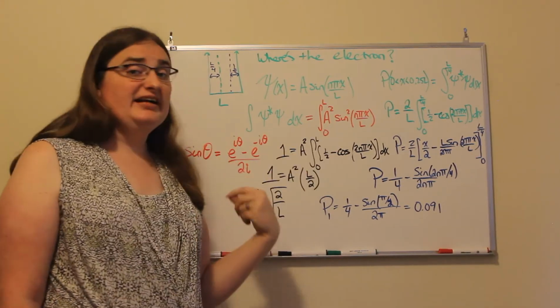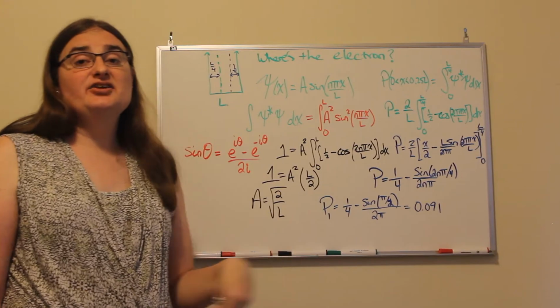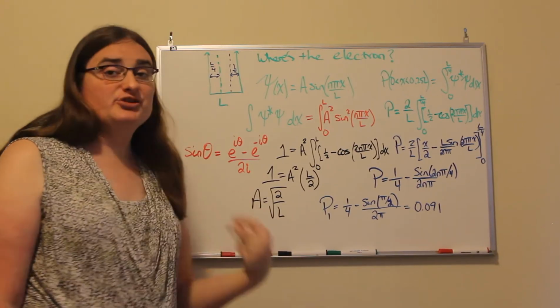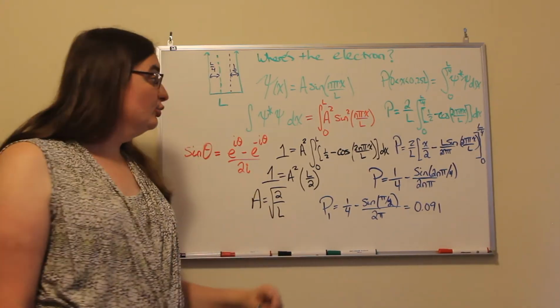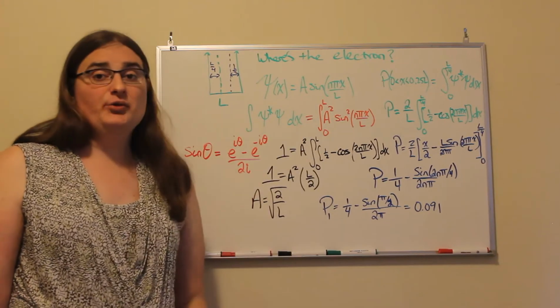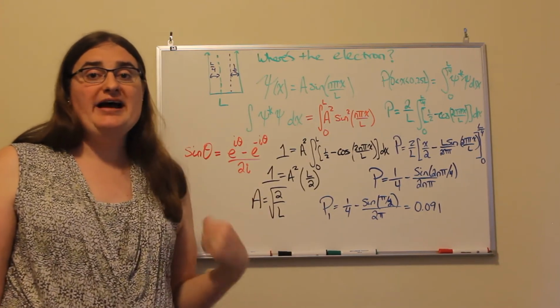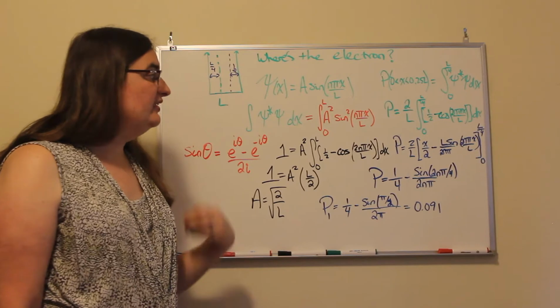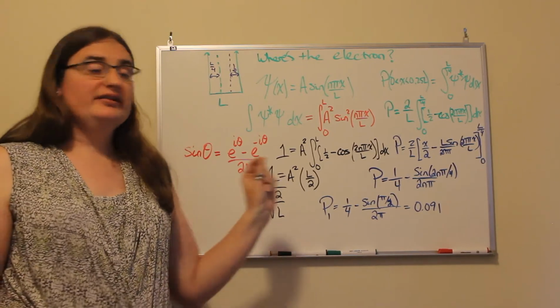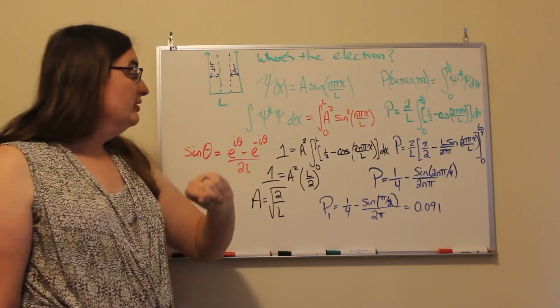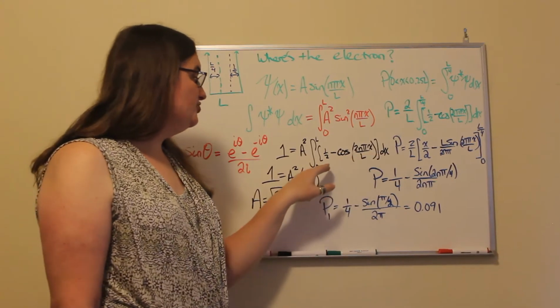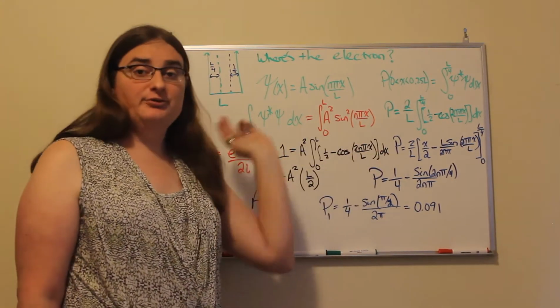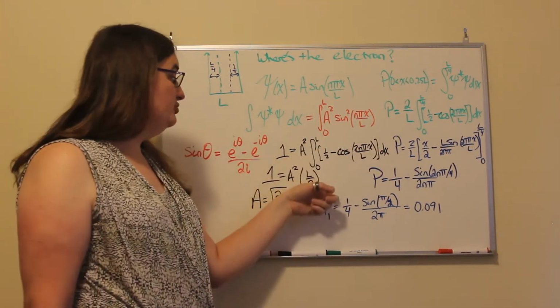Now to integrate sine squared, the easiest thing to do is to make use of the trig identity for sine squared. Sine squared can be written as 1/2 minus 1/2 the cosine of 2 times the angle that we have. So if I look at integrating this, well, the integral of 1/2 with respect to x gives me x over 2.